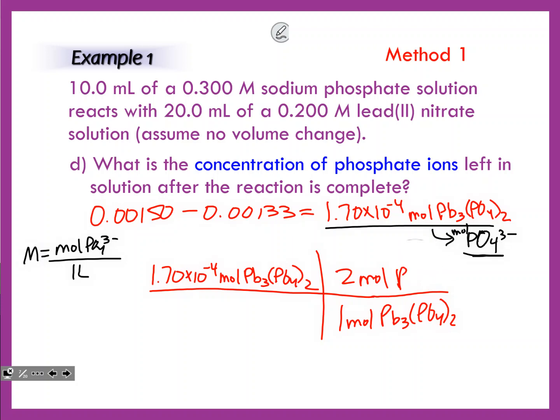Not lead, phosphate. There we go. So that gives us 3.40 times 10 to the minus 4, right? Moles.